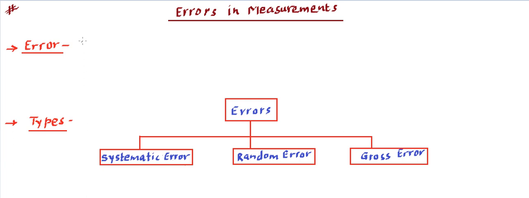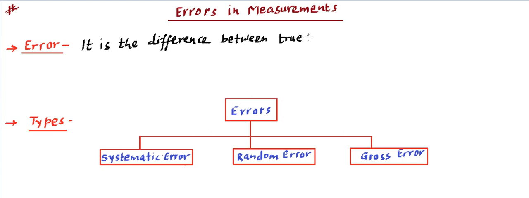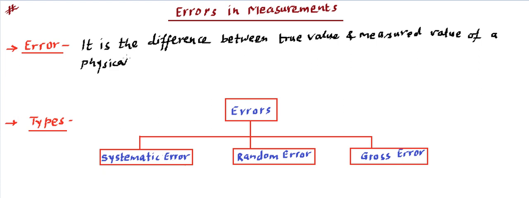So error is defined as the difference between the true value of a physical quantity and the measured value of that physical quantity.